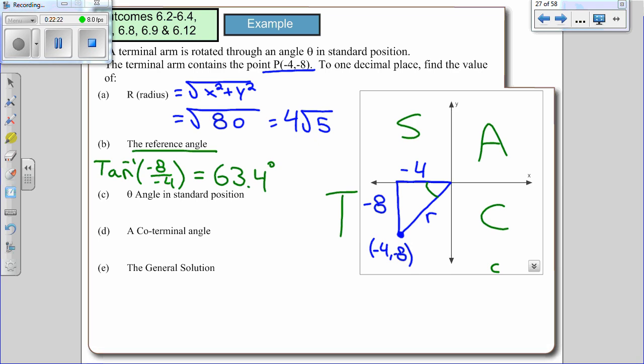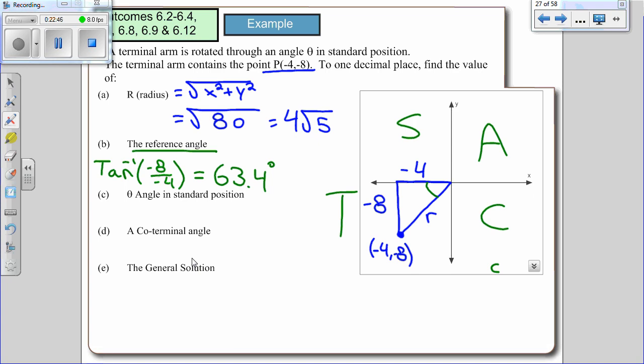All right, part C. Find the angle in standard position. Now, what are they looking for? Close. You're going from here, just continuing on. But standard position is a definition.